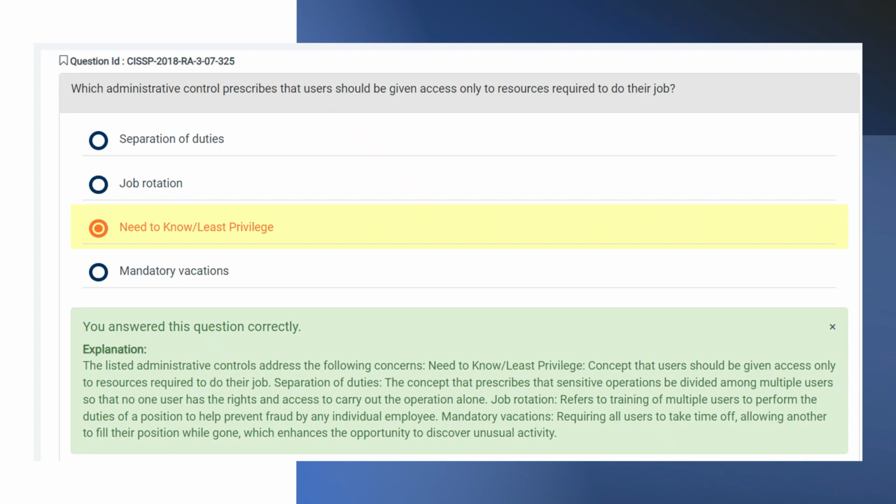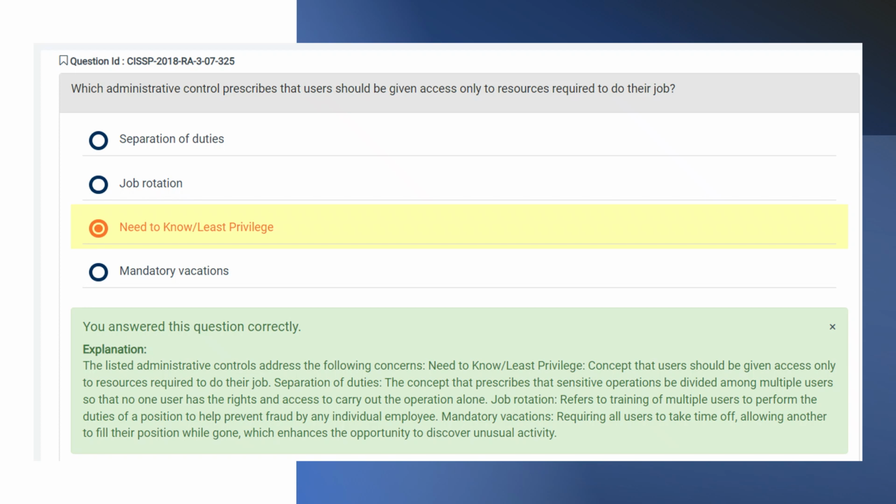Need to know or least privilege is the concept that users should be given access only to resources required to do their job. Separation of duties is the concept that prescribes that sensitive operations be divided among multiple users so that no one user has the rights and access to carry out the operation alone.